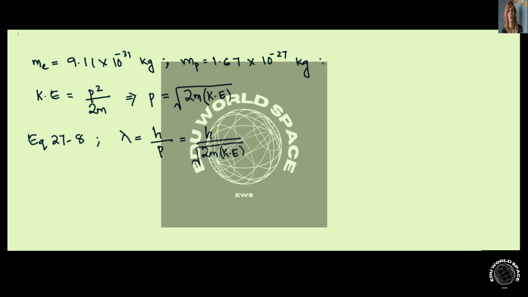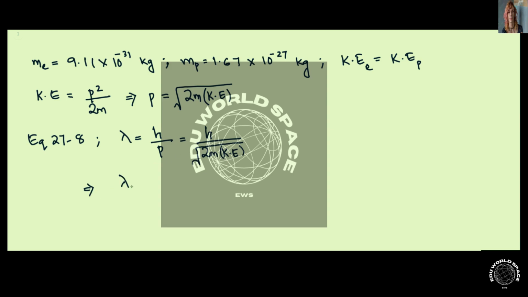Now, we are given that the kinetic energy of the electron is equal to the kinetic energy of the proton. So let's take a ratio of the wavelength of the two particles, using this equation, of course.